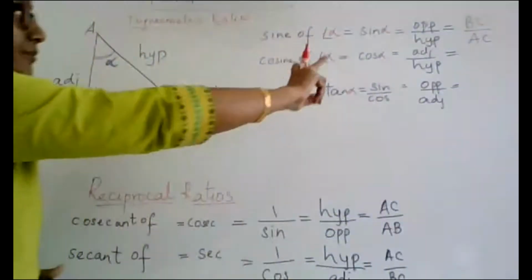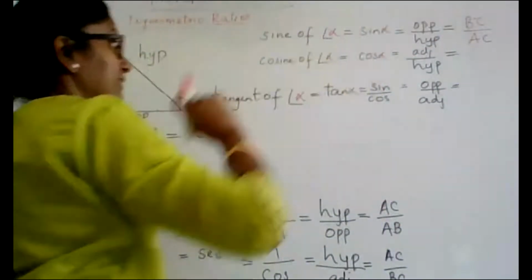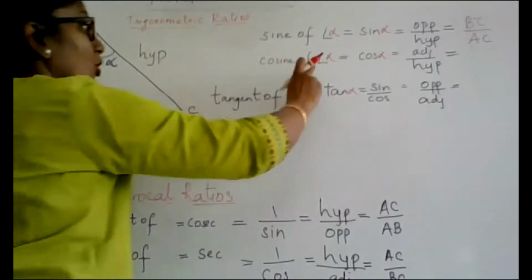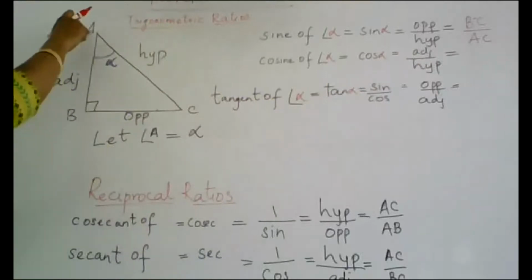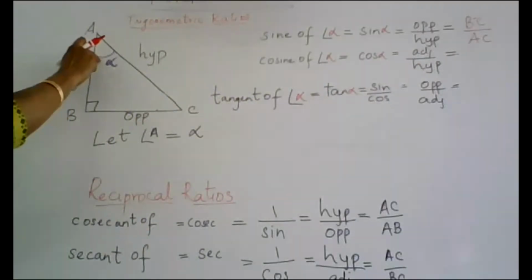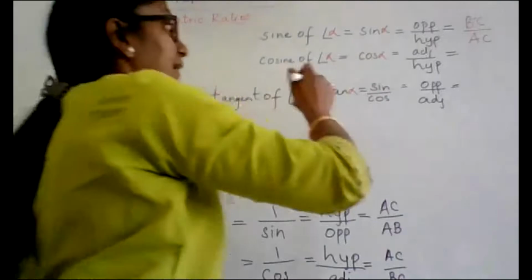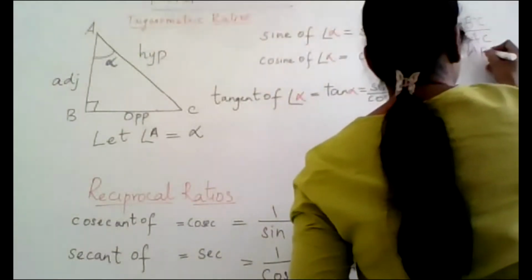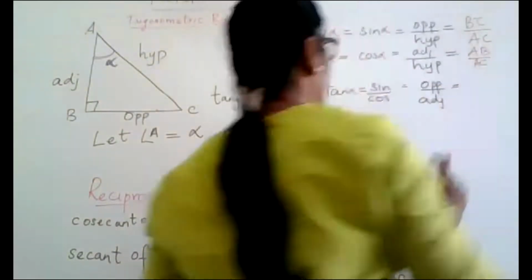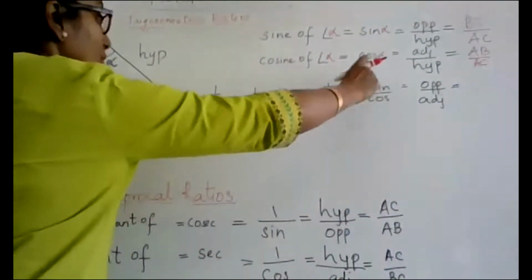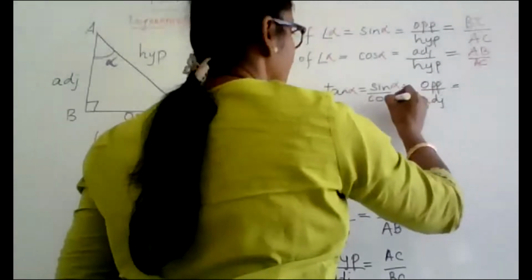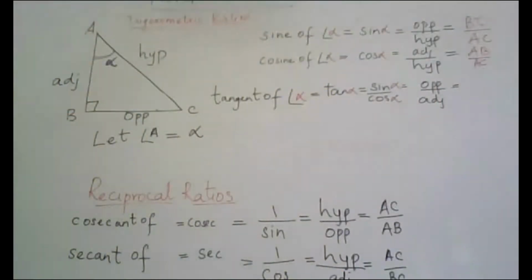So sine of alpha will be BC by AC. Next, cosine of alpha, or cos alpha, is adjacent by hypotenuse. Now this is the adjacent side because we are talking about alpha, so it will be AB by AC. Then we have the tangent of angle alpha, which we call tan alpha, which is sin alpha by cos alpha, which is equal to opposite divided by adjacent.